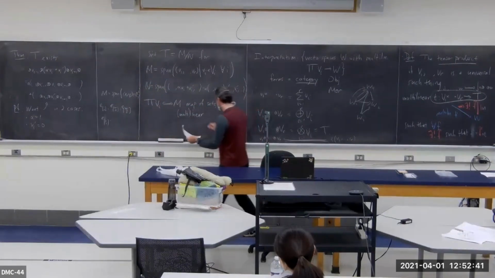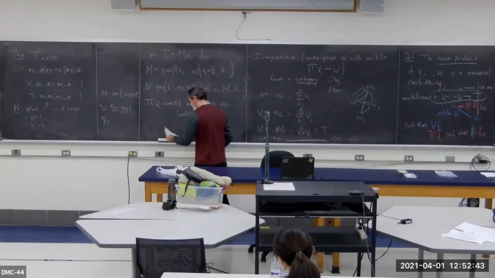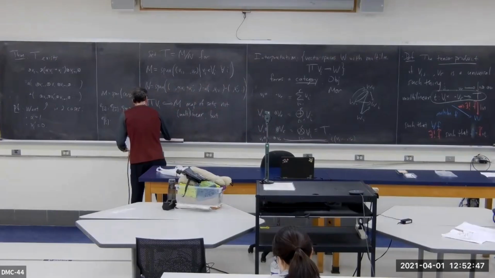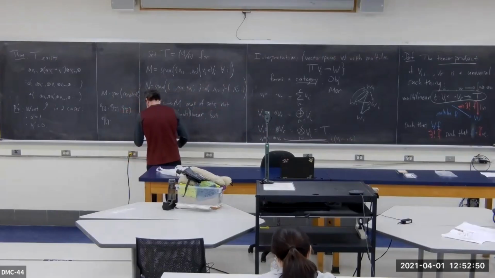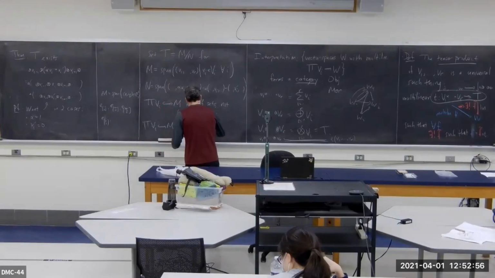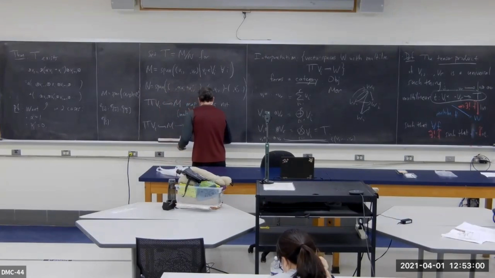But when you take the product of the V_i mapping into M and then mapping to M mod N, this thing is multilinear by construction.